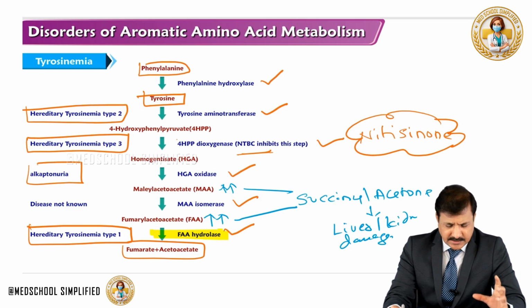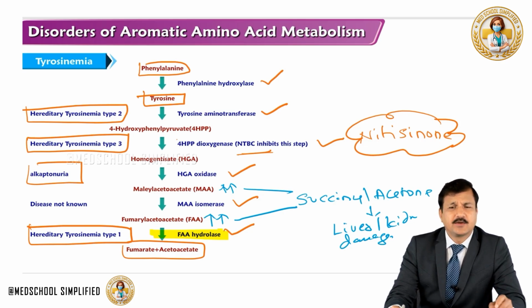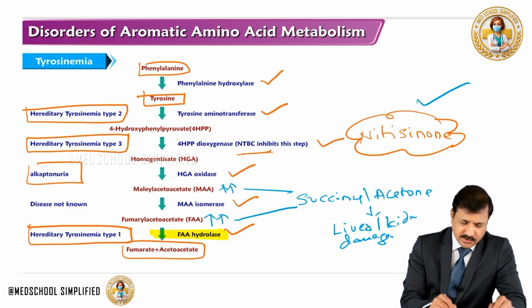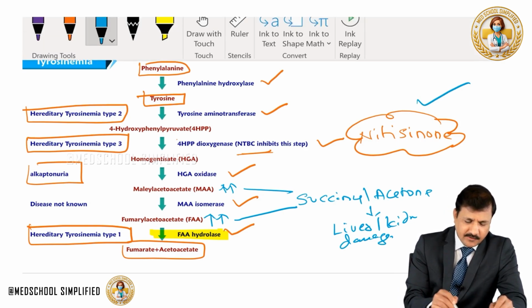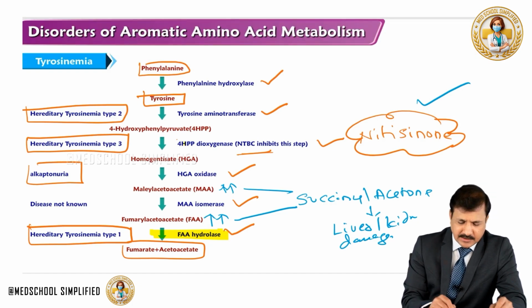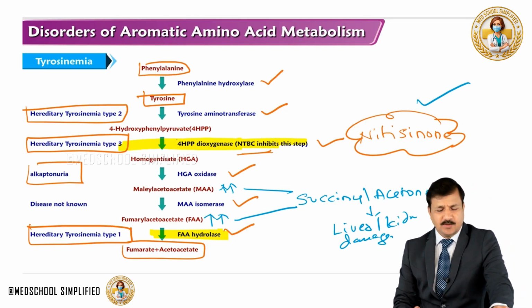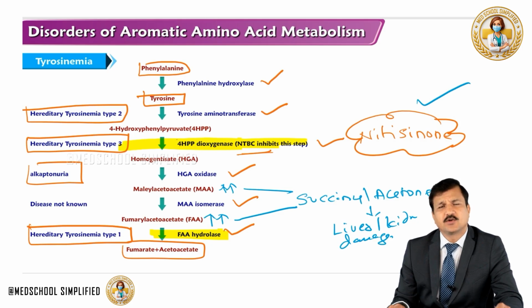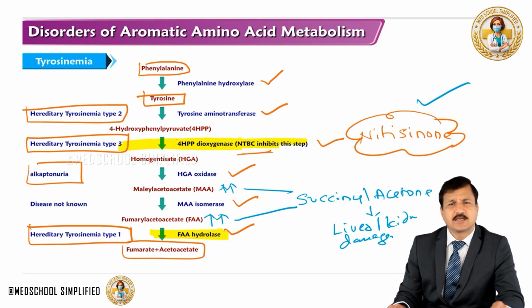All these signs are decreased by use of the drug nitisinone, because nitisinone inhibits the 4-hydroxyphenylpyruvate dioxygenase enzyme. By inhibiting this enzyme, it is not allowing 4-hydroxyphenylpyruvate to go into homogentisate, and homogentisate further into malylacetoacetate and fumarylacetoacetate.